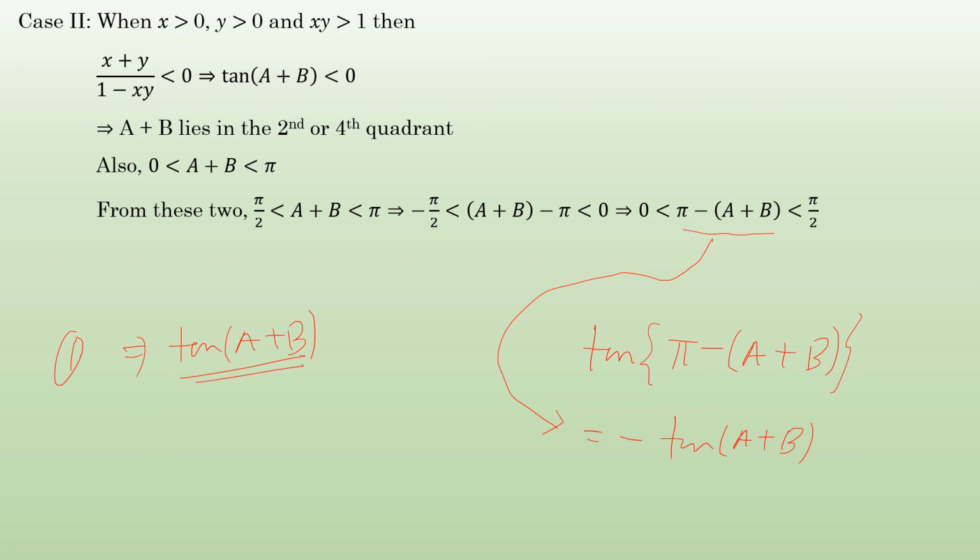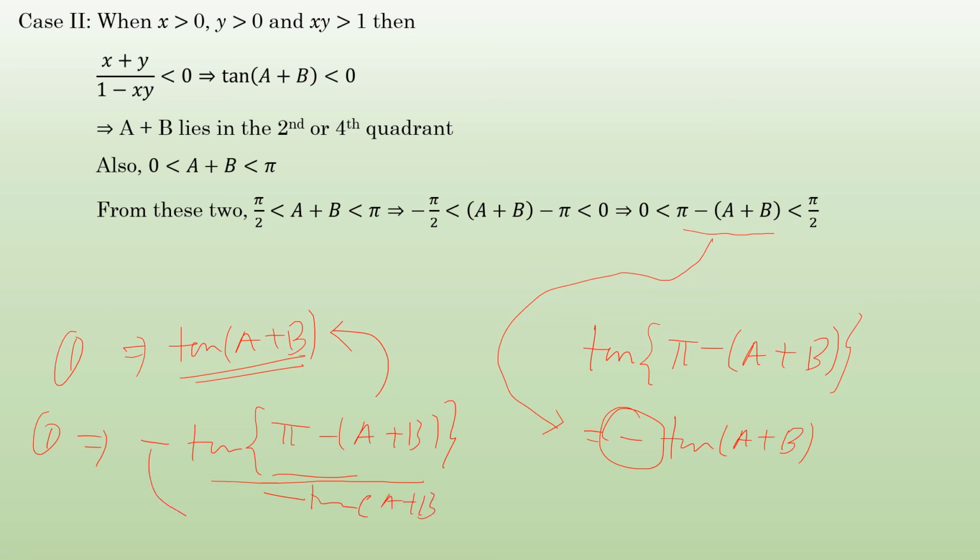So to remove this minus, I am actually taking in 1 as like this, minus of tan. If I write like this, pi minus a plus b, then you see it will give only tan a plus b, because this is actually negative tan a plus b, and this negative is already here, so these two negatives combine as a positive sign.